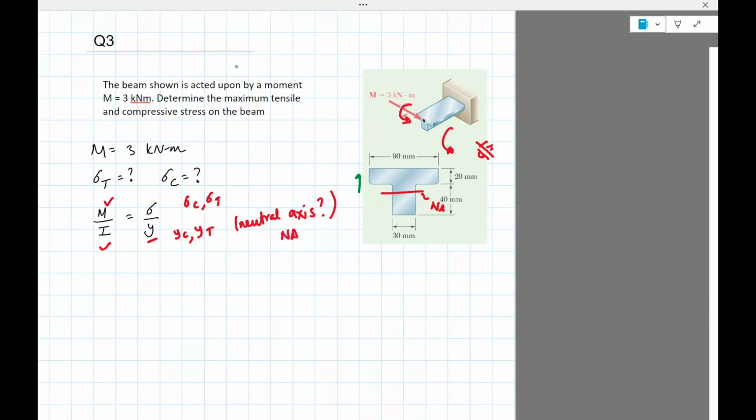Compressive or tensile? Tensile, because the top surface will be stretched. The bottom surface will be compressed. So this would be yc, this would be yt, and that's how they'll appear here. And then you'll get sigma c and sigma t. Okay, that's what we're going to do. I'm going to erase this.